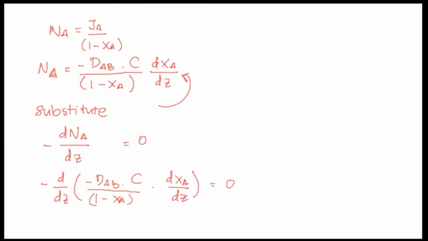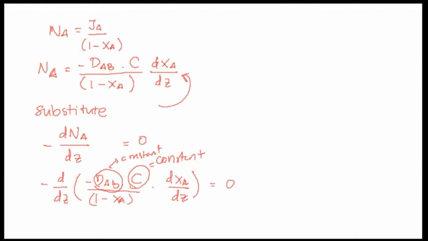As the gas is ideal or can be assumed as ideal, so at constant pressure and temperature, the concentration must be constant as well. And the value of diffusivity of AB is basically almost constant. So everything can go out of the bracket.